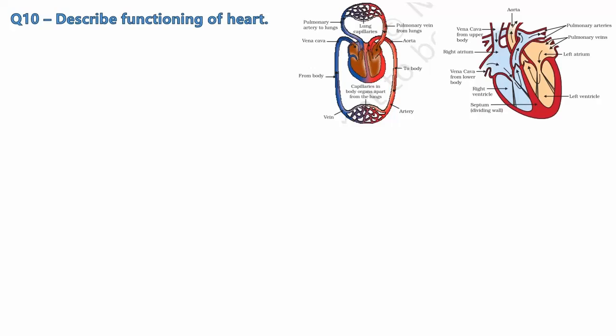When the right atrium compresses, the blood is pushed into the right ventricle, and when the right ventricle compresses, the blood is pushed into the pulmonary arteries, which take it to the lungs. Carbon dioxide rich blood is taken to the lungs, carbon dioxide is released, oxygen is absorbed, and again that oxygen rich blood comes back through pulmonary veins to the left atrium, and the cycle continues.